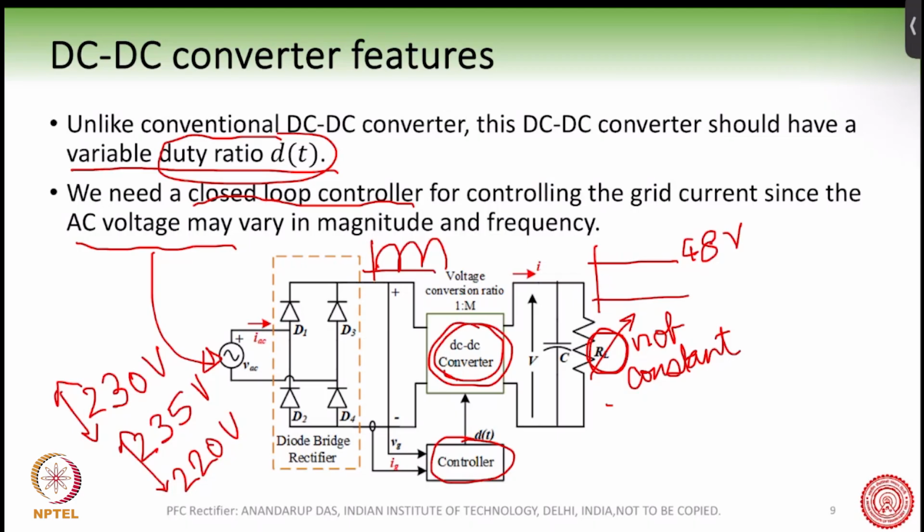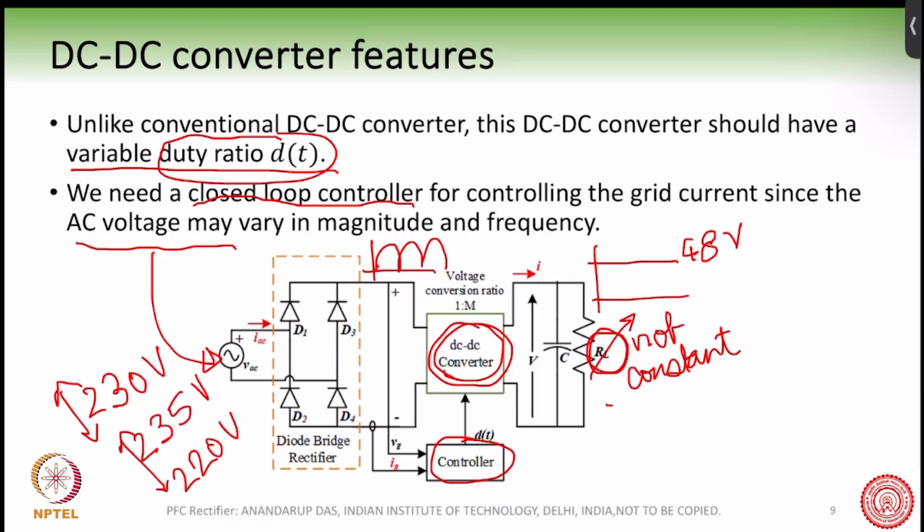At daytime, the server is heavily loaded; at night time, it is not so heavily loaded. So the power consumed by the server varies from day to night, and therefore the load seen by this power supply will also vary. So RL is not constant.